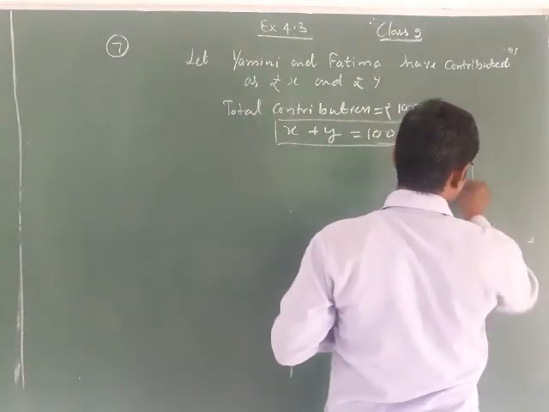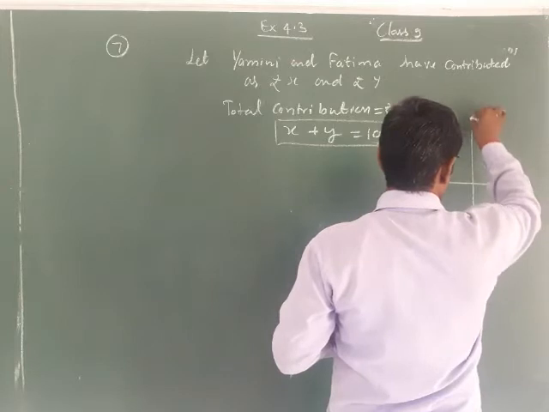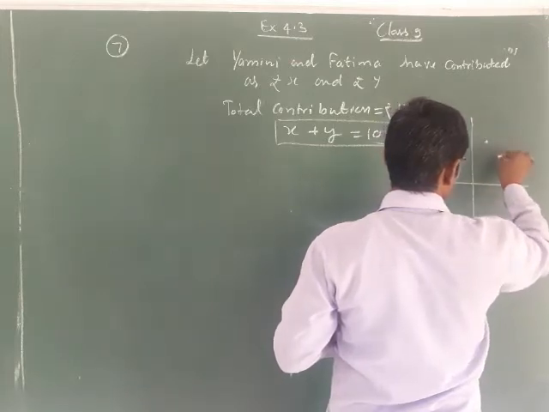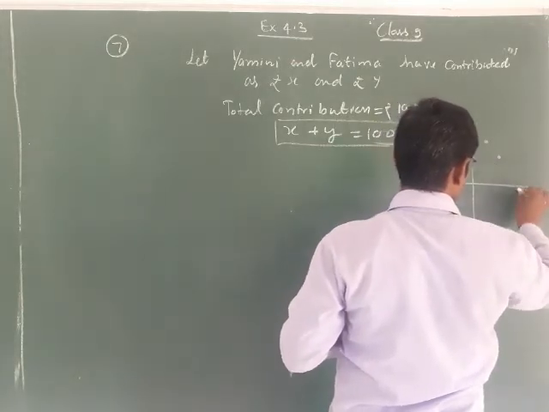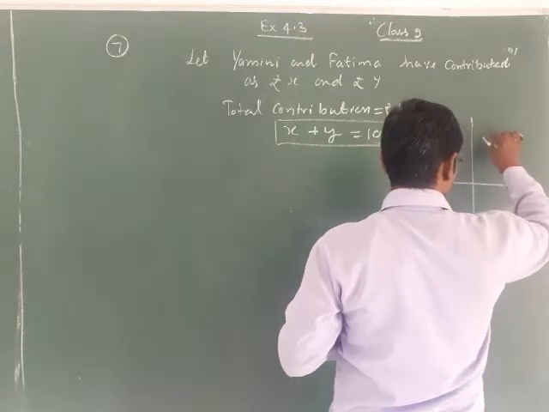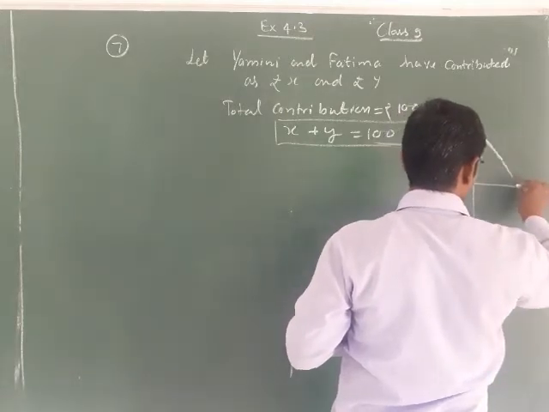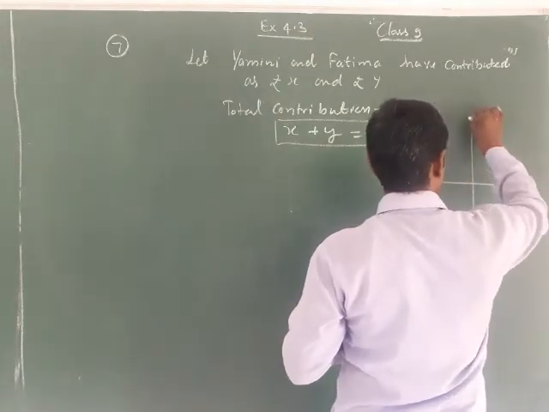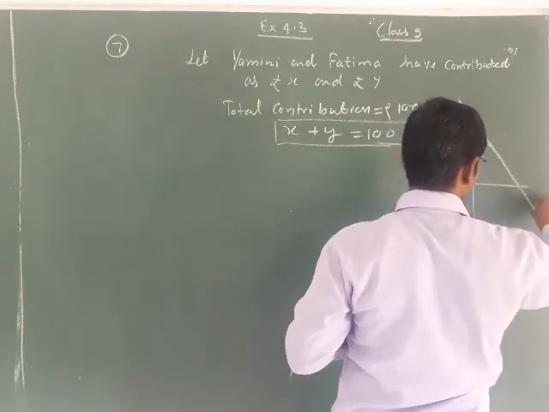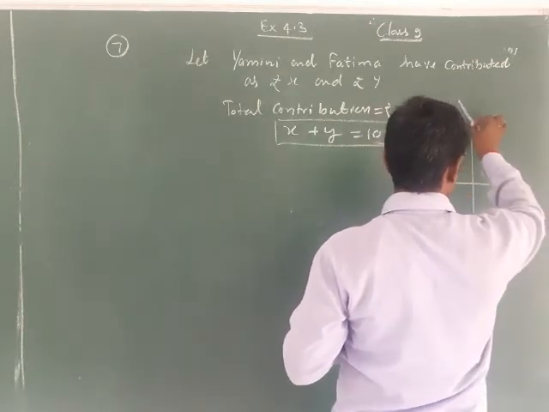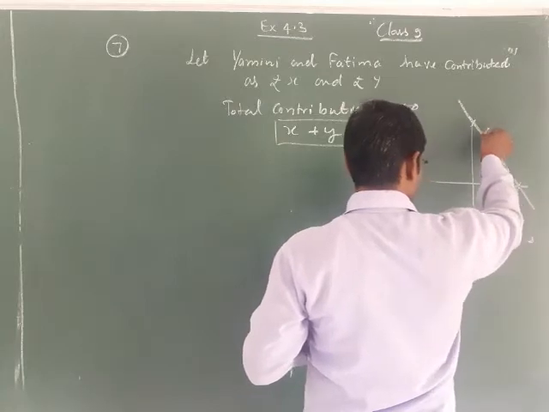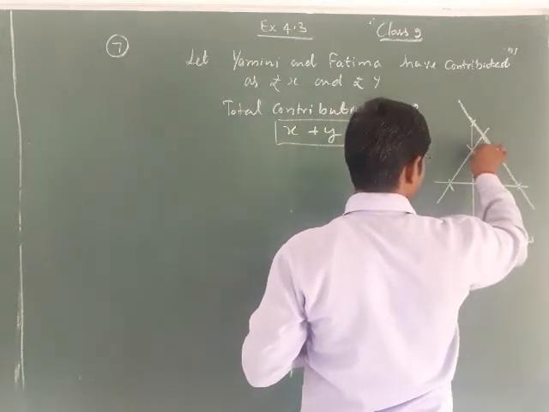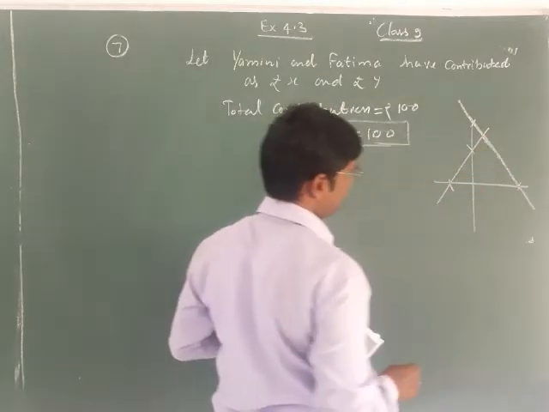So now draw a line through these 2 points. Join these points so it makes a line. This straight line cuts the x axis and y axis.